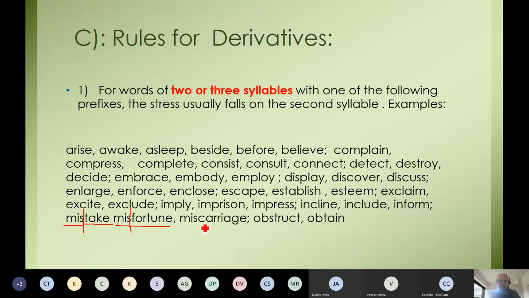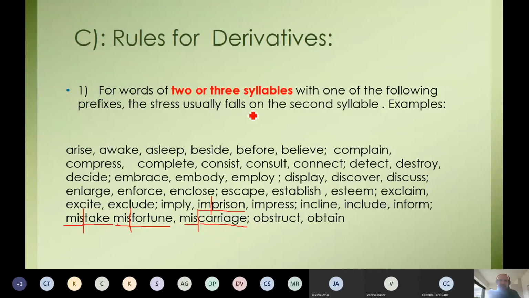The same with carriage, miscarriage. Prison, imprison. Possible, impossible. Okay. The rule for these words is that they have 2 or 3 syllables, and there is a prefix at the beginning.